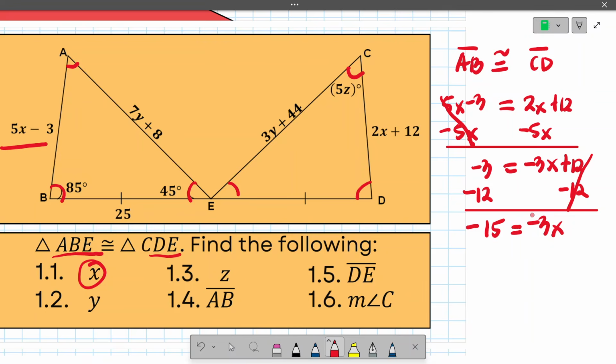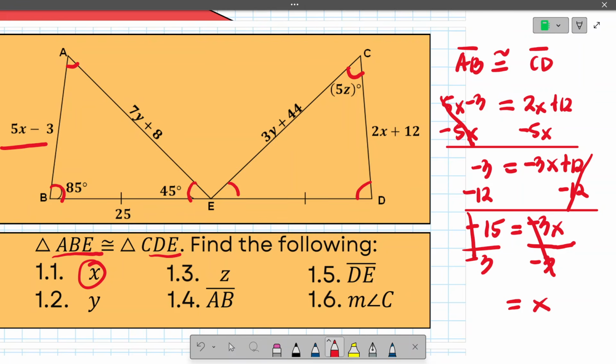Next is, of course, the DPE, division property of equality, where we are going to divide both sides by -3, para ma-cancel na itong si -3, and x will be isolated, and also here, no? -15 divided by -3, that will give you +5, no?